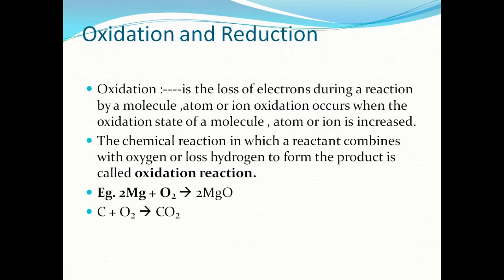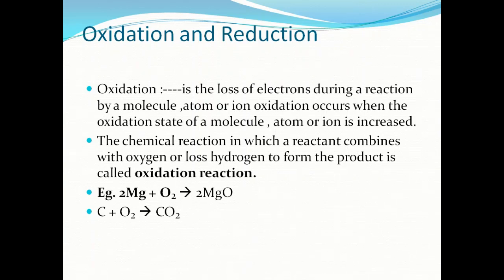Now see oxidation reaction. Oxidation is the loss of electrons during a reaction by a molecule, atom or ion. Oxidation occurs when the oxidation state of a molecule, atom or ion increases.